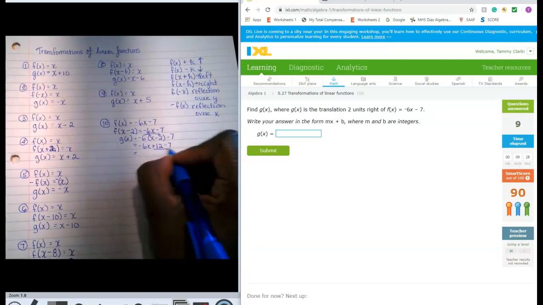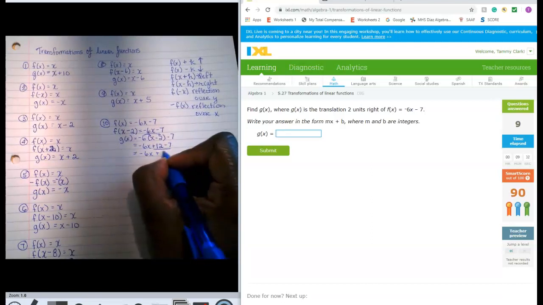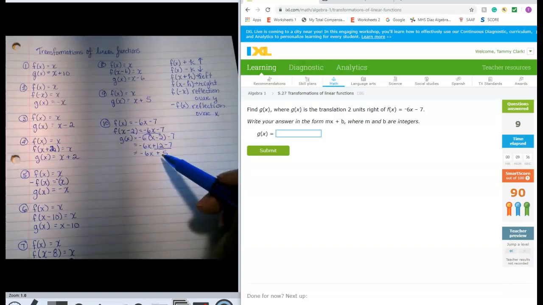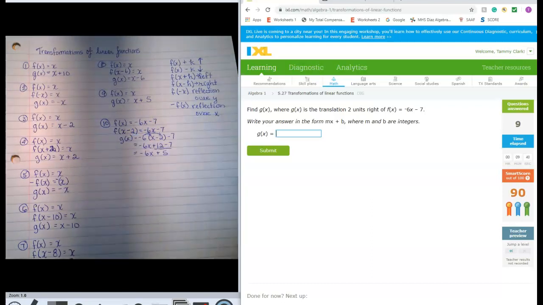So we're going to combine like terms right here. We've got -6x plus 5. So that's what happens when we shift our function 2 units to the right. This is where the new line lies on the coordinate plane. So -6x plus 5.